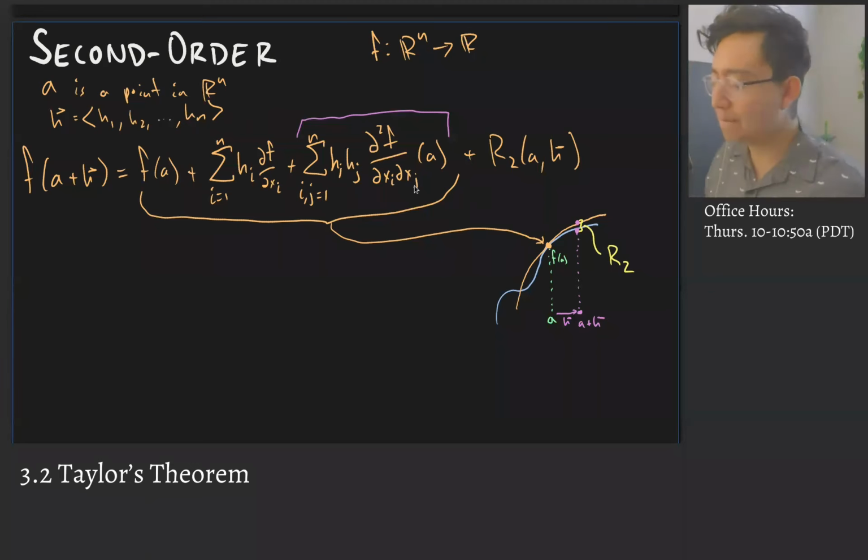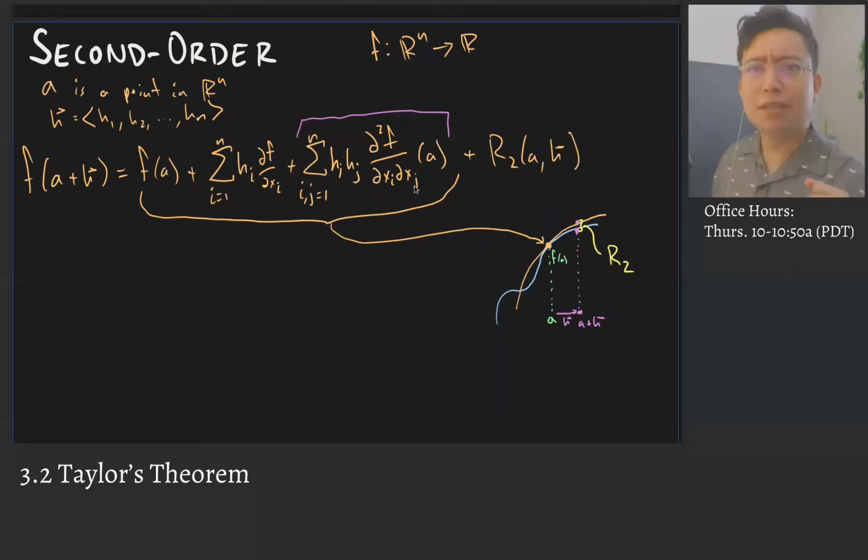If you've taken, I think probably 9C, you learned about Taylor polynomials, and this is very much related to that. In that context, you're learning everything in one dimension, so n equals 1, and the formulas are much less complicated because everything is one variable.